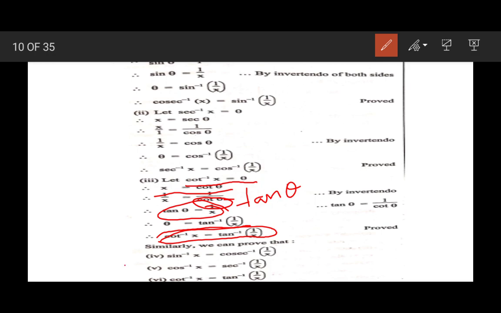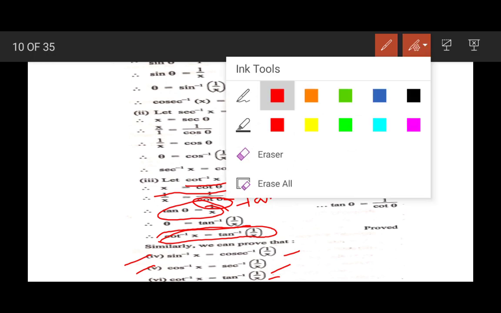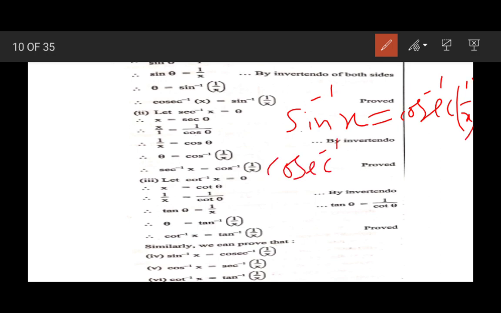Similarly, we can prove that sine inverse x is cosec inverse 1 upon x, cos inverse x is sec inverse 1 upon x, and cot inverse x is tan inverse 1 upon x. So the second property is all about sine inverse x being equal to cosec inverse 1 upon x, and similarly cosec inverse x is equal to sine inverse 1 upon x.